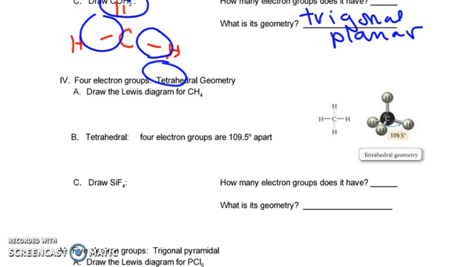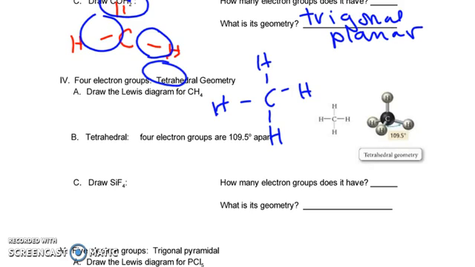So draw the Lewis diagram for CH4. I hope you remember this. Now, when I draw it like that, it looks like it's a square. It looks like it's smashed on a piece of paper. But remember, we're talking 3 dimensions. So how far apart can 4 things in 3-dimensional geometry be from each other?